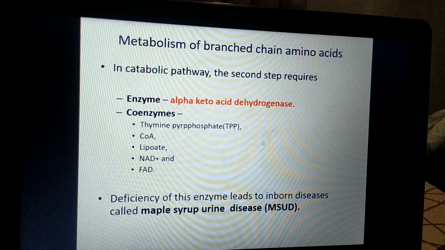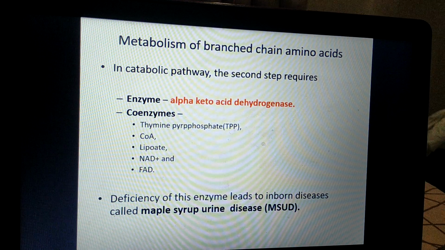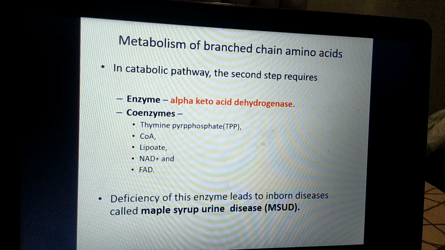It is not a single enzyme, but an enzyme complex which requires 5 coenzymes: thiamine pyrophosphate, coenzyme A, lipoate, NAD+, and FAD. This thiamine pyrophosphate is obtained from thiamine. So if you give thiamine in high doses to a patient with the mild variant of maple syrup urine disease, then this thiamine stimulates this enzyme and the activity of the enzyme is increased.